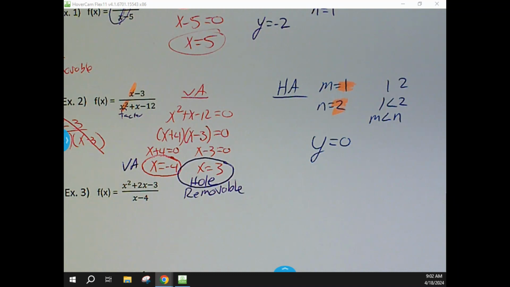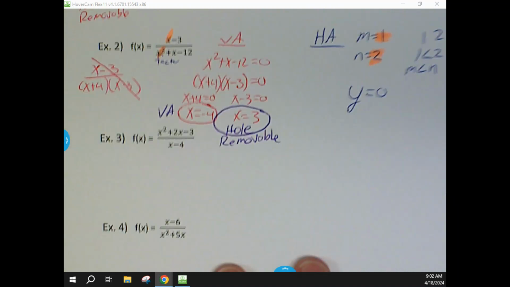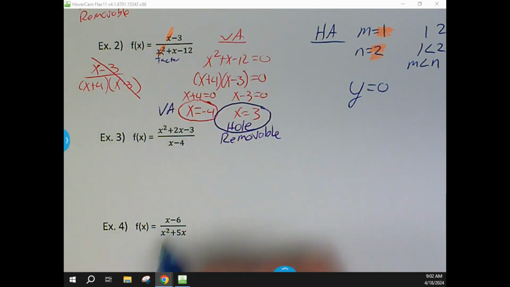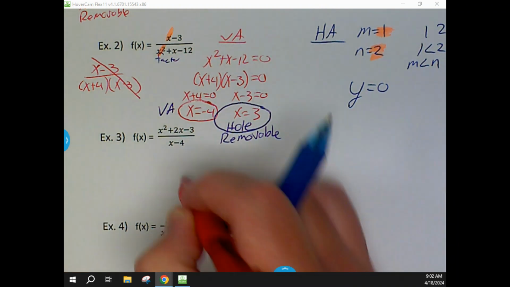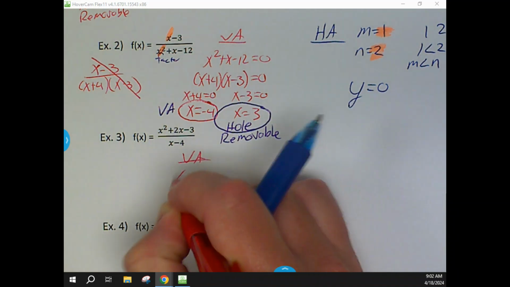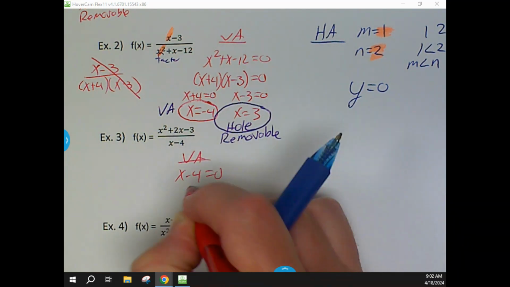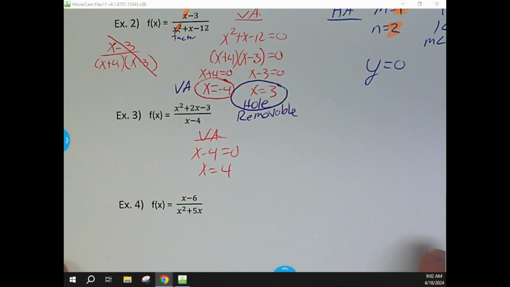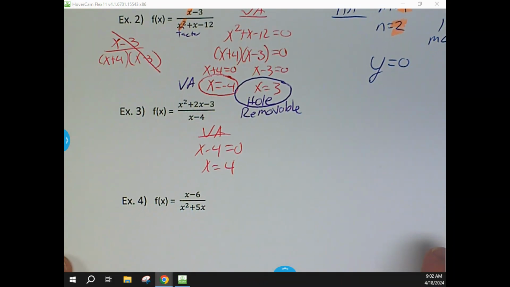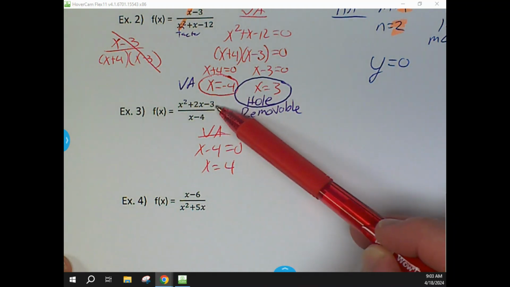All right. So number 3. If we factor the bottom part, we've got x minus 4. So vertical asymptote, just x minus 4 equals 0. That's x equals 4. And again, the check is we want to see if it would be removable, if we could cancel anything out.